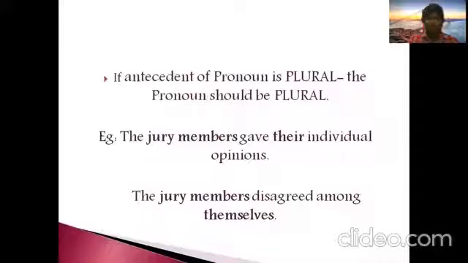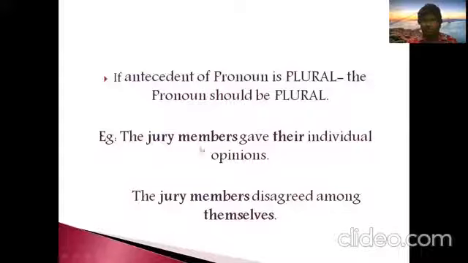The second one is here. If the antecedent of the noun is plural, we must use a plural pronoun. These are the basic rules that we learned in the beginning. So the second rule is, if this noun is in plural form, we're going to use a plural pronoun, right? Let's see the examples here. The jury members gave their individual opinions.